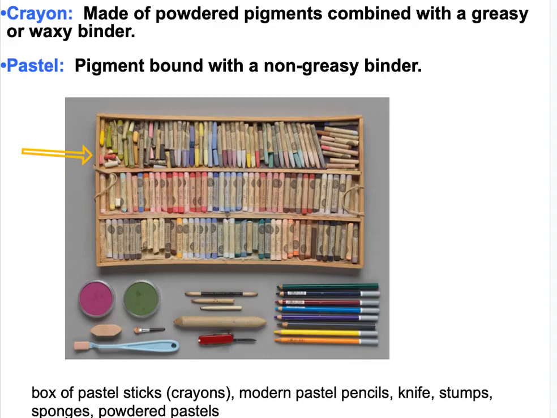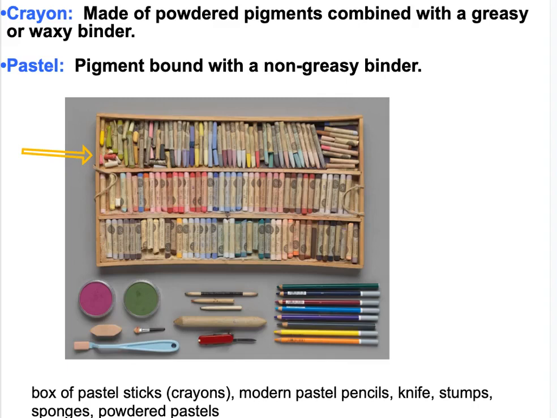Like I mentioned, oil pastels have the wax in them and they're really soft. Regular pastels are almost more chalky feeling. So really old style pastels are not waxy, but these apparently are a waxy pastel stick.